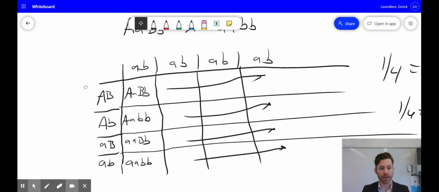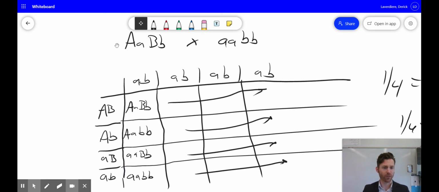And my Punnett square has to represent all possible gamete combinations. And so you're going to FOIL these, right? That's one way to do it. So you go big A, big B, big A, little b, little a, big B, little a, little b. Okay? And so those are going to be your gametes over here.